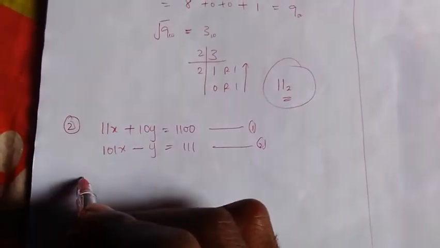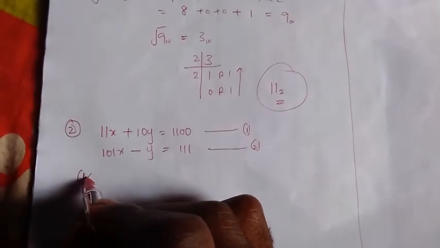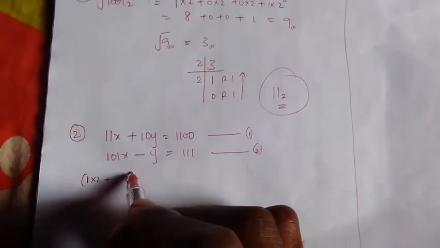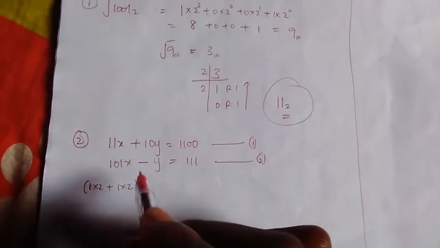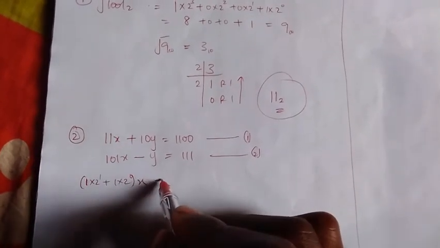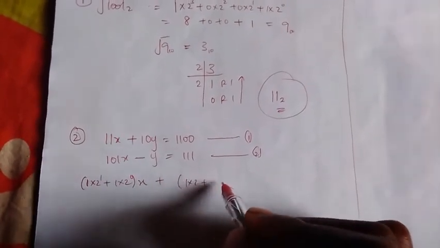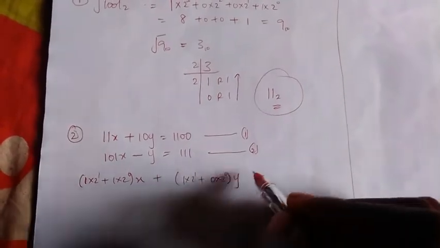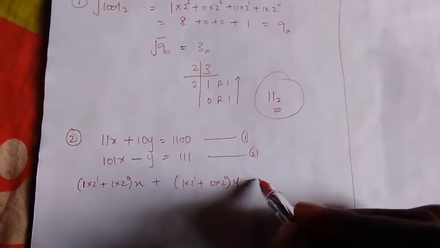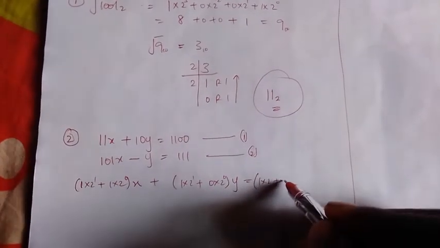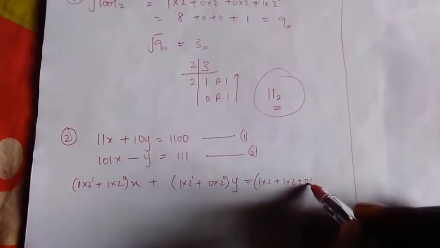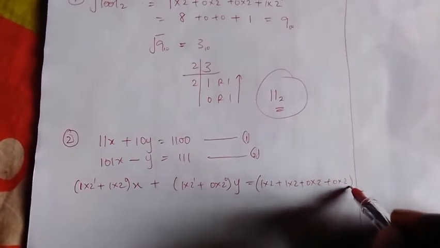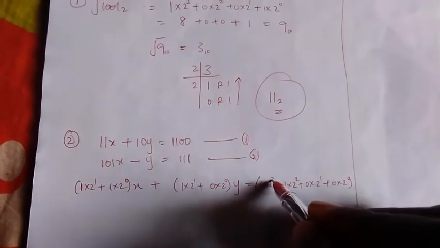I'm converting what we have. For the first one, we have 1 times 2^1 plus 1 times 2^0, all times x, plus 1 times 2^1 plus 0 times 2^0, all times y, equals 1 times 2^3 plus 1 times 2^2 plus 0 times 2^1 plus 0 times 2^0.